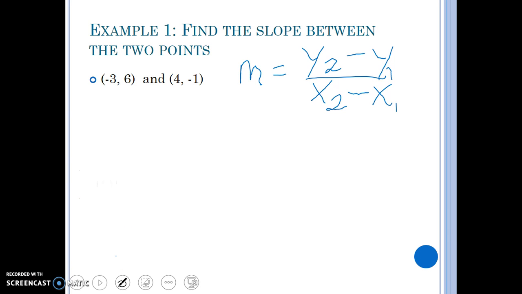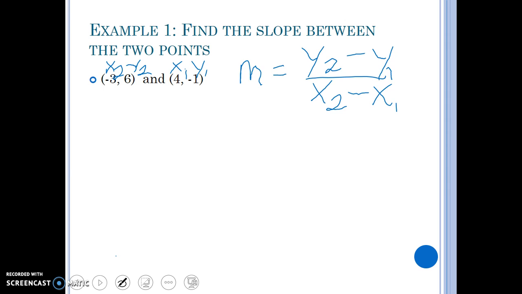So let's go through and mark which numbers we want to use for each. Let's start with this first one. Let's name this x2 and y2. So remember, x comes first, so x2 and y2. And then I'll make the other one x1 and y1.